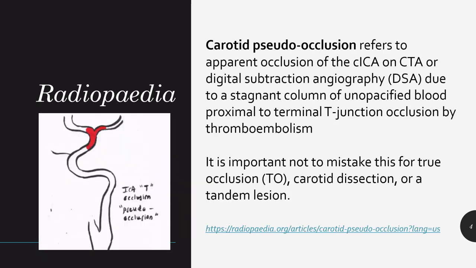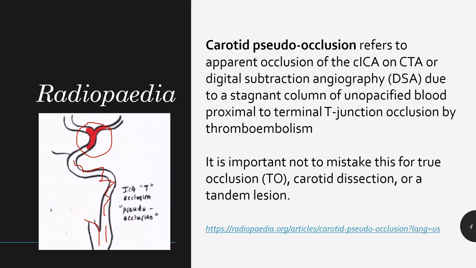Likewise, carotid pseudo-occlusion refers to the apparent occlusion of the cervical ICA on CTA or DSA due to a stagnant column of unopacified blood proximal to the terminal T junction occlusion by thromboembolism. So effectively, that's talking about where we have this clot right there, and because of that, where it branches off into the external and internal carotid, this winds up just pooling up and not moving.